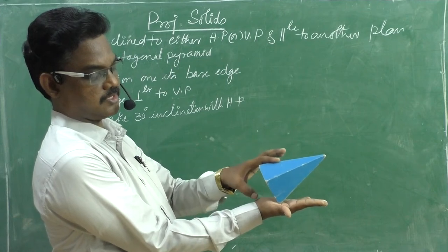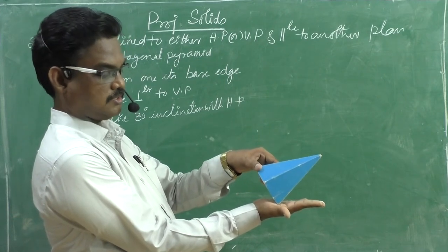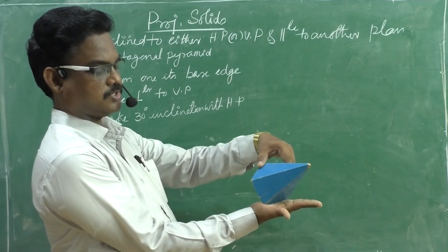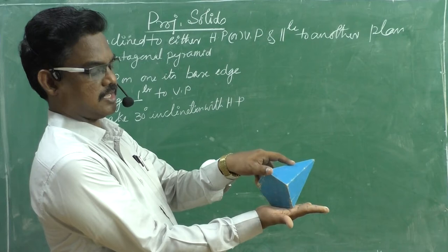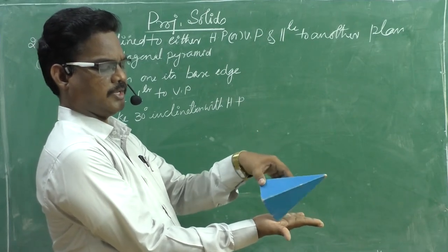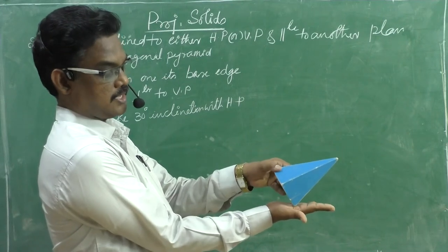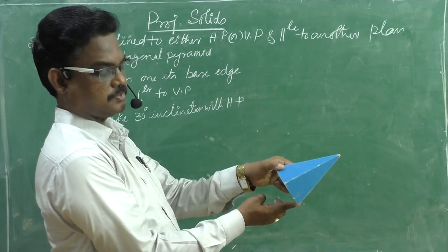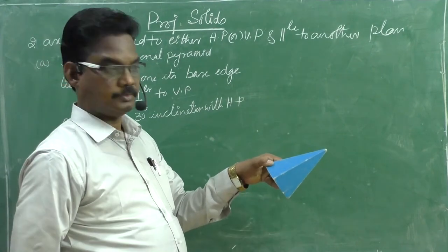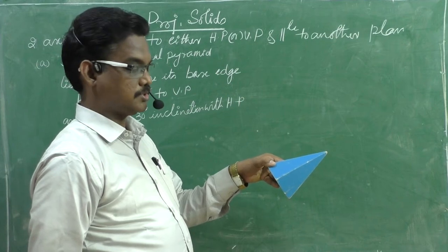Up to this condition, different positions are possible. All these satisfy the two conditions. But if you consider the third condition, the edge which lies in the HP is perpendicular to the VP, now the position is this.